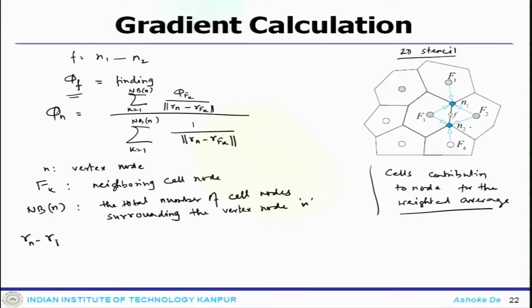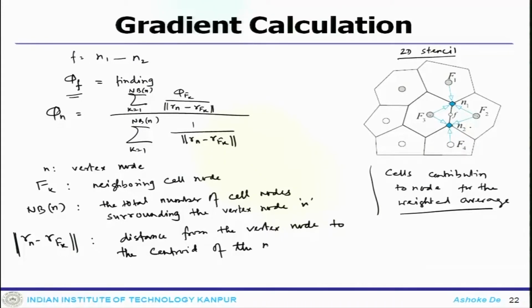Then we have a distance function, |Rn minus Rfk|, that stands for the distance from the vertex node to the centroid of the neighboring cells.